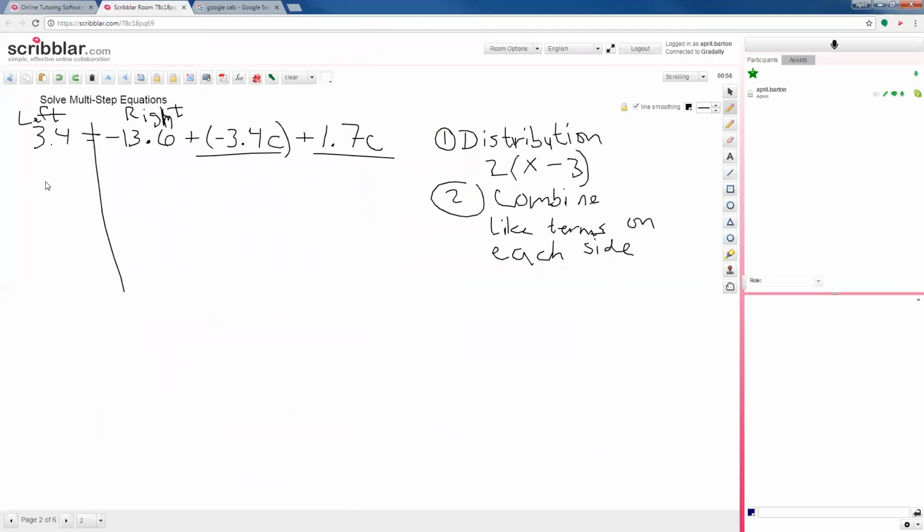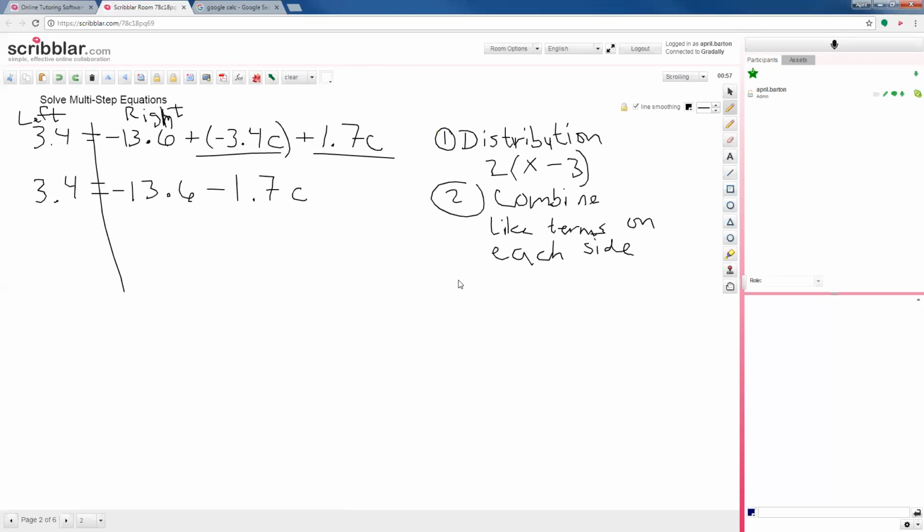So anything that didn't combine, we still keep. So we still have 3.4, we still have equals negative 13.6. And now we know negative 3.4 plus 1.7 is negative 1.7c. We can't type the c into the calculator. So on the calculator, it only showed negative 1.7, but the c does come along.